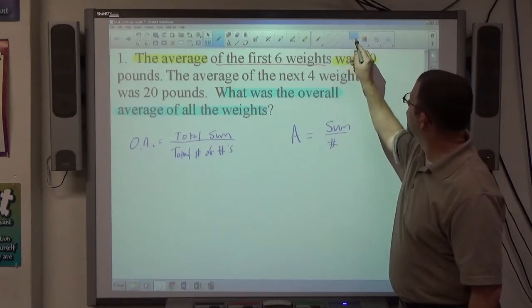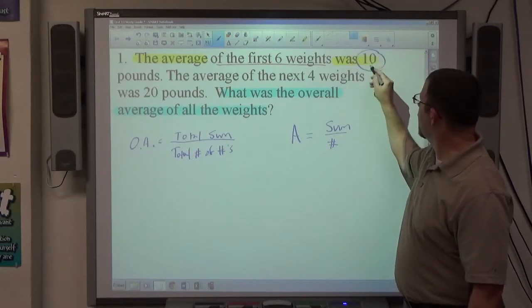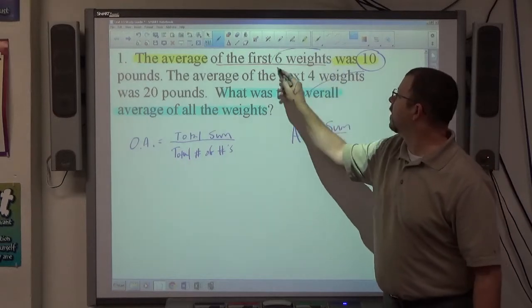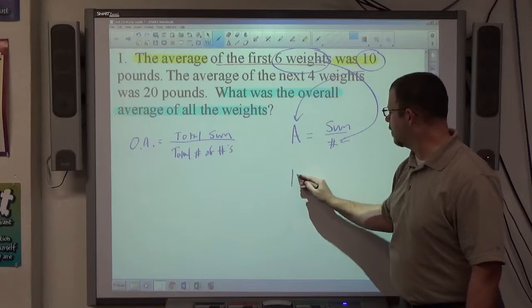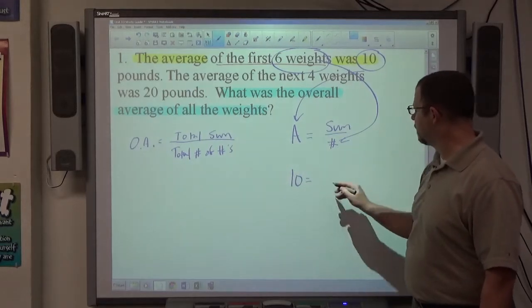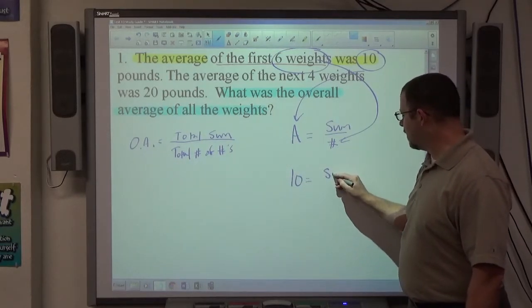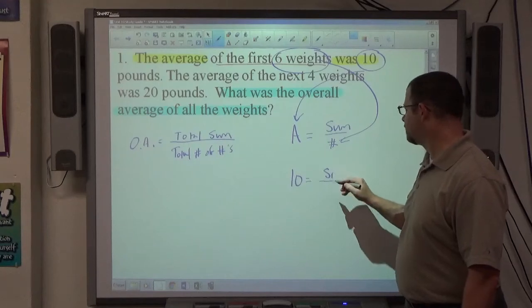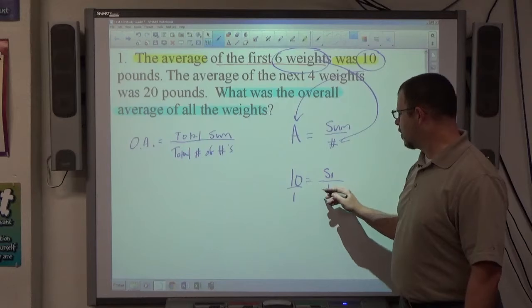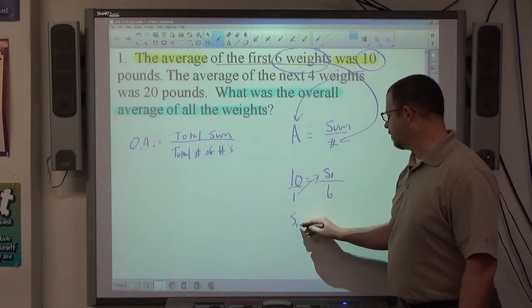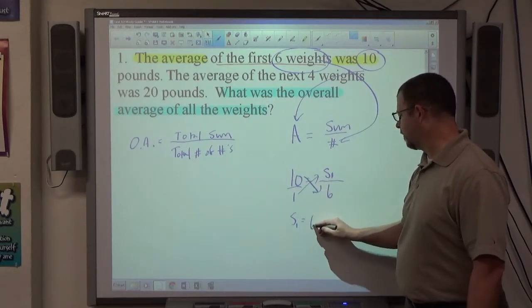So 10 equals the sum, we'll call that S sub 1 for the first sum, over 6 weights. If we just cross multiply, we get the first sum is going to be 60.